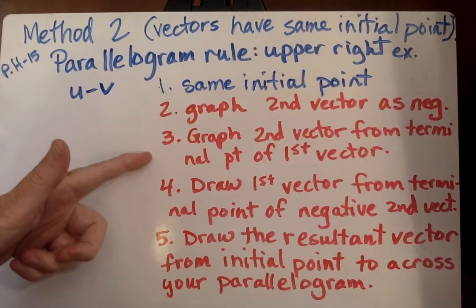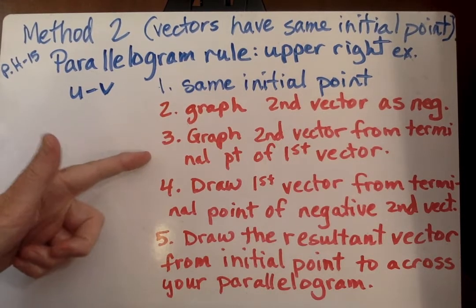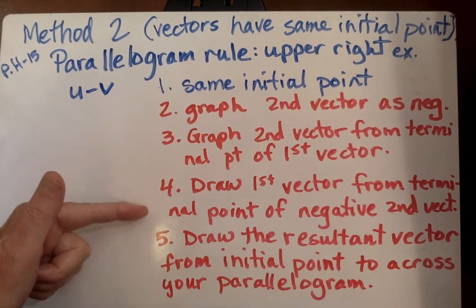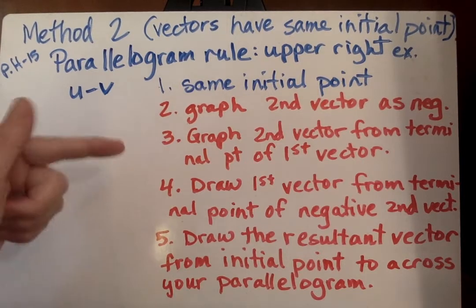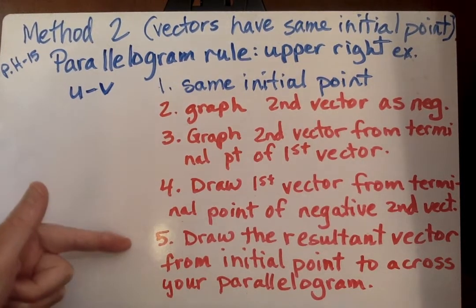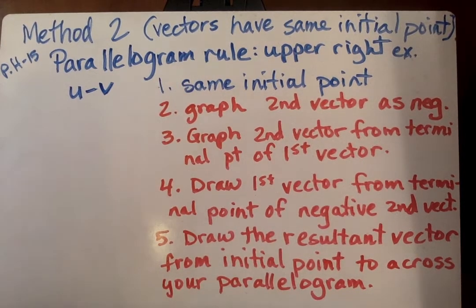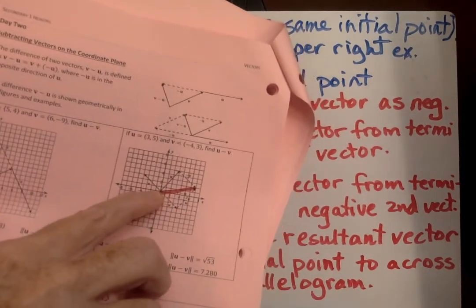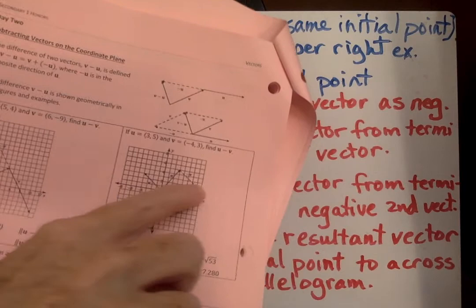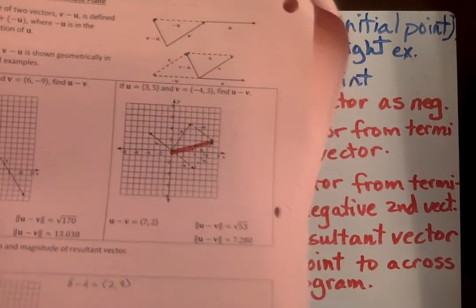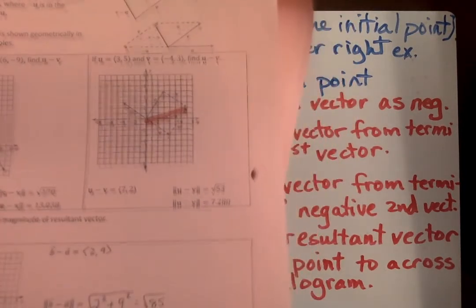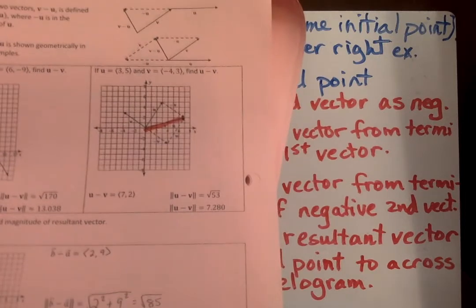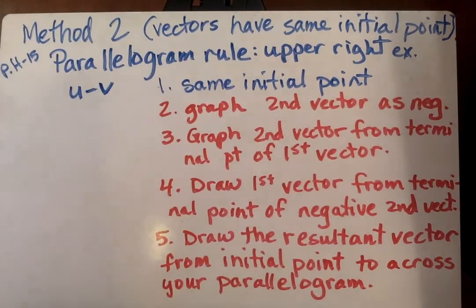Graph the second vector from terminal point of first vector, draw the first vector from terminal point of negative second vector, draw the resultant vector from initial point to across your parallelogram. So you'll notice here, the resultant vector is across the parallelogram, diagonal from there. Okay? So it might help to do an example, but I wanted to make sure you had those steps. And again, if I need to, I will pause the video.